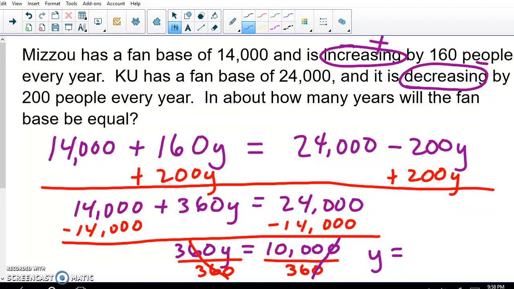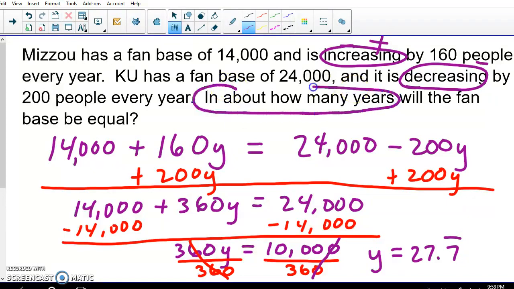And when I divide that out, I'm going to get a repeating decimal. So now when I come back to my question, I understand why they're asking in about how many years. So if I'm going to take 27.7 repeating and round that to the nearest year, I would say that in about 28 years, the fan base will be equal.